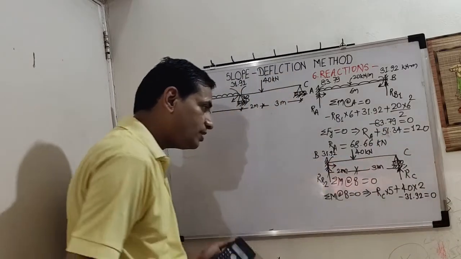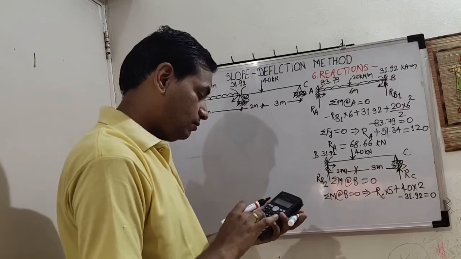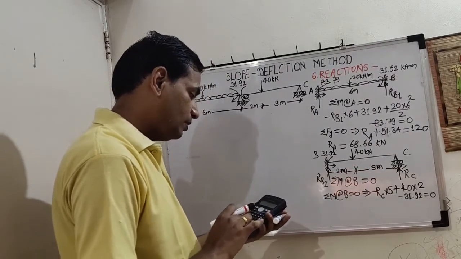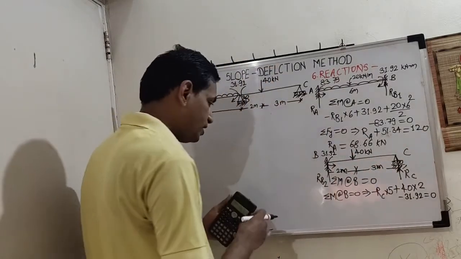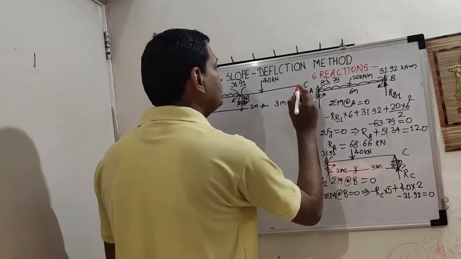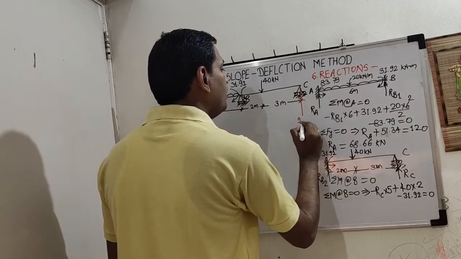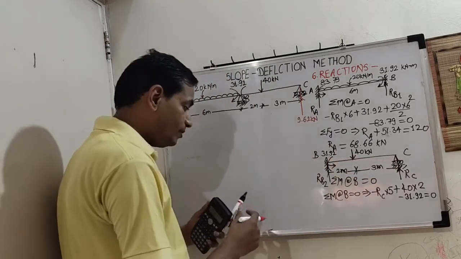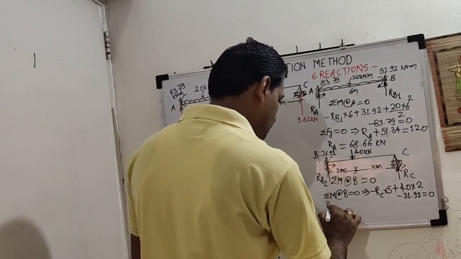Let us calculate RC first. So it is 40 into 2 minus 31.92, upon 5. So it is 9.62. RC is 9.62. I can write directly here: 9.62 kilonewton. Now RB is remaining. So first of all find what is RB2.